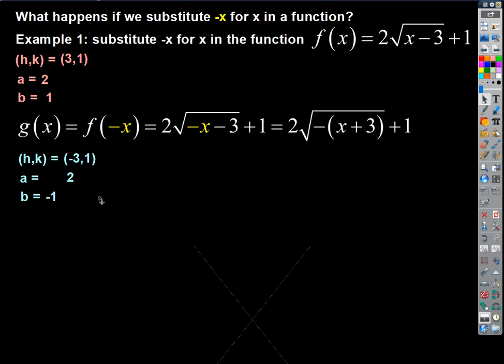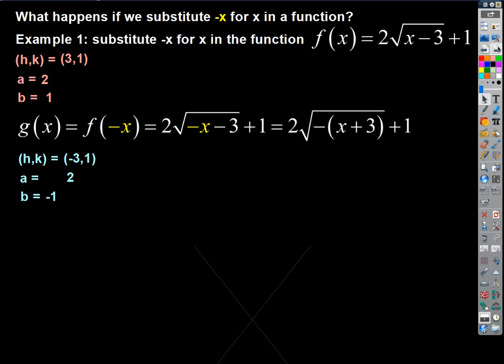How come b is -1? Because it's a negative, and that's the number that's in front of the quantity x minus h. So this gives us all the stuff we need to sketch a graph of g of x, because it's a transformation of a square root parent graph with those parameters.